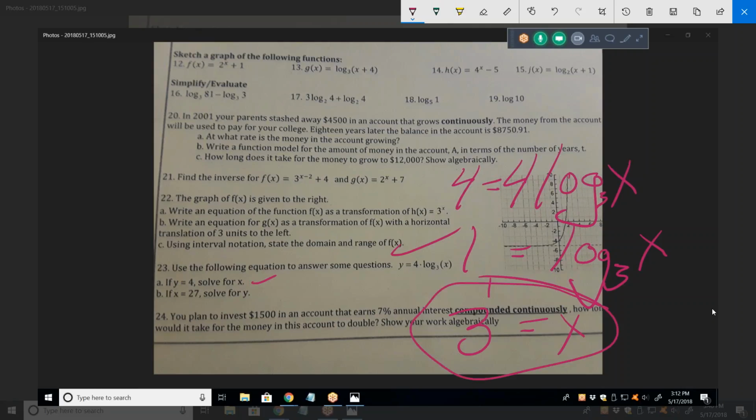Okay. How about x equals 27. So we've got y equals 4 times the log base 3 of 27. And so the log base 3 of 27 is 3, and then 4 times 3 is 12.